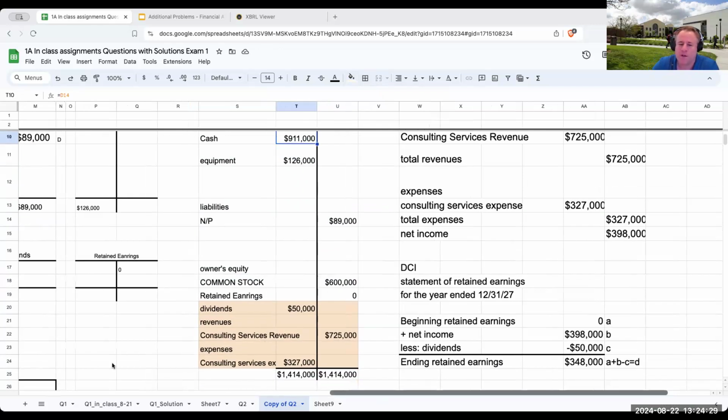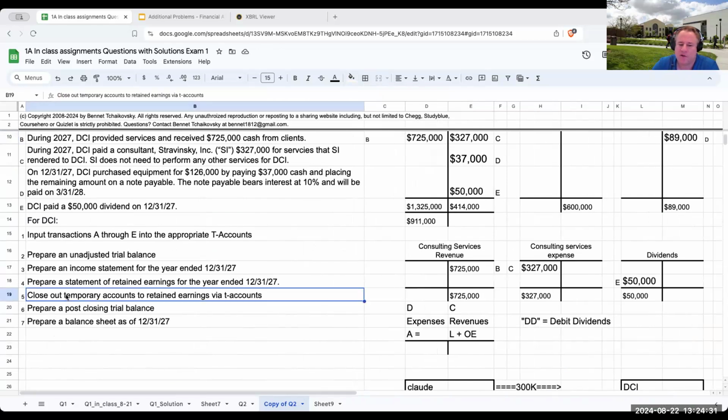So now that we're at the end of the period, one of the things we're going to have to do is get the financial statements ready for the next period. And to do that, we're going to have to close out our temporary accounts to retained earnings, right?